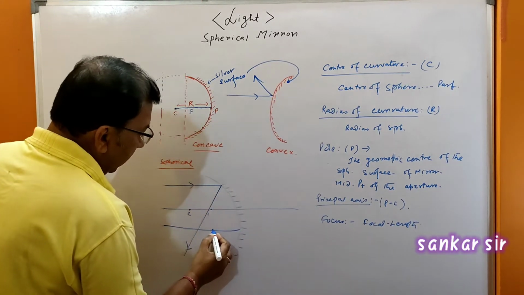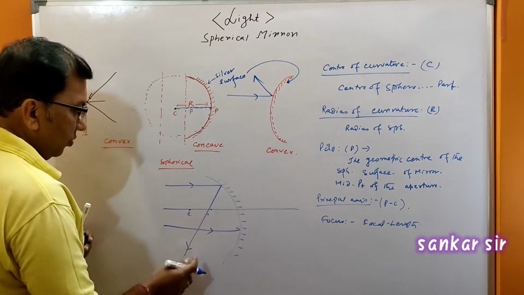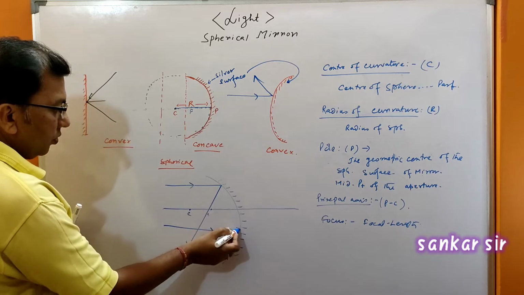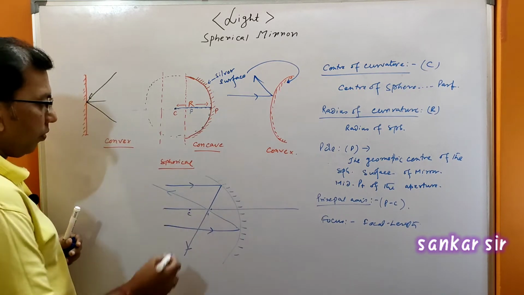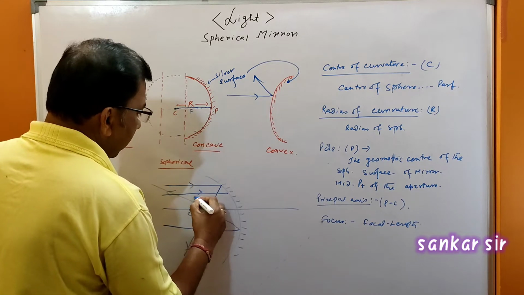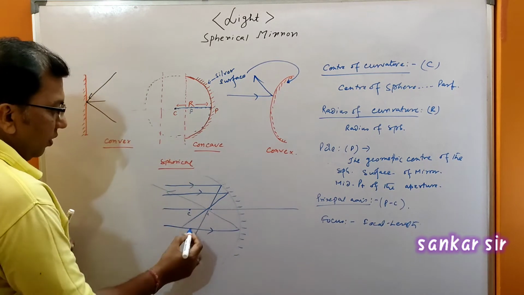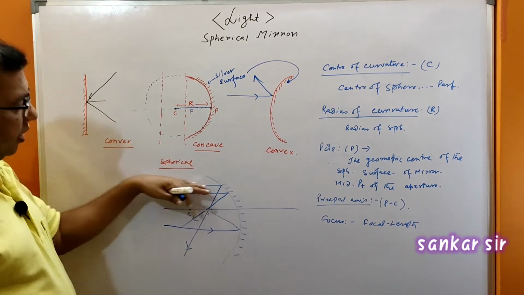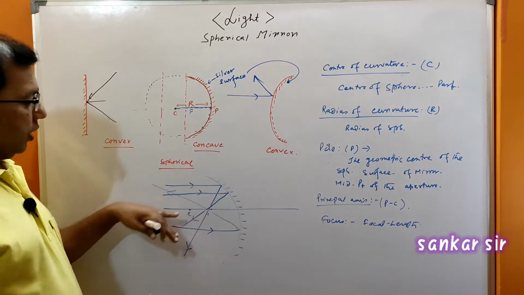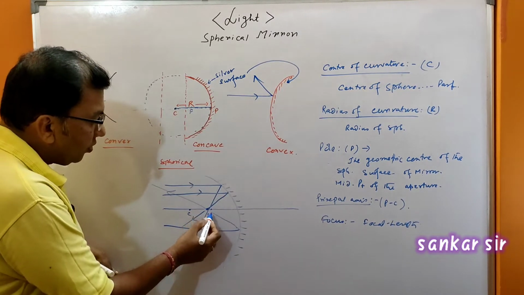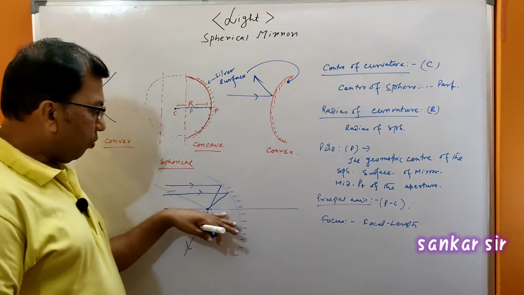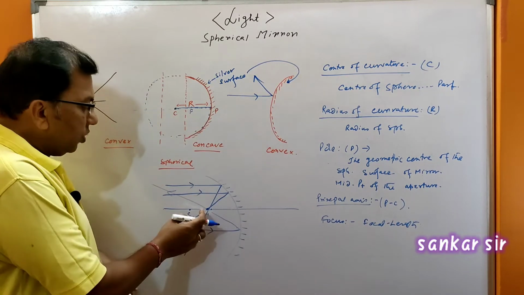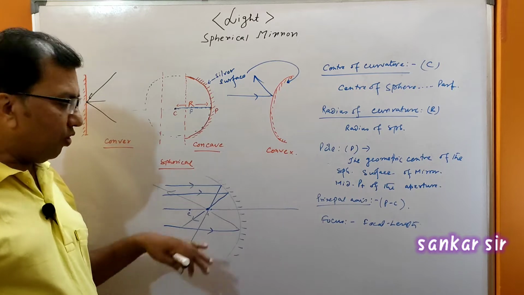Another ray will also reflect back. Parallel rays reflect back. What do you see here? Rays parallel to the principal axis, when they strike the mirror, return and meet at a point on the principal axis. All the rays meet at a point. This point is known as the focal point, the focus point.